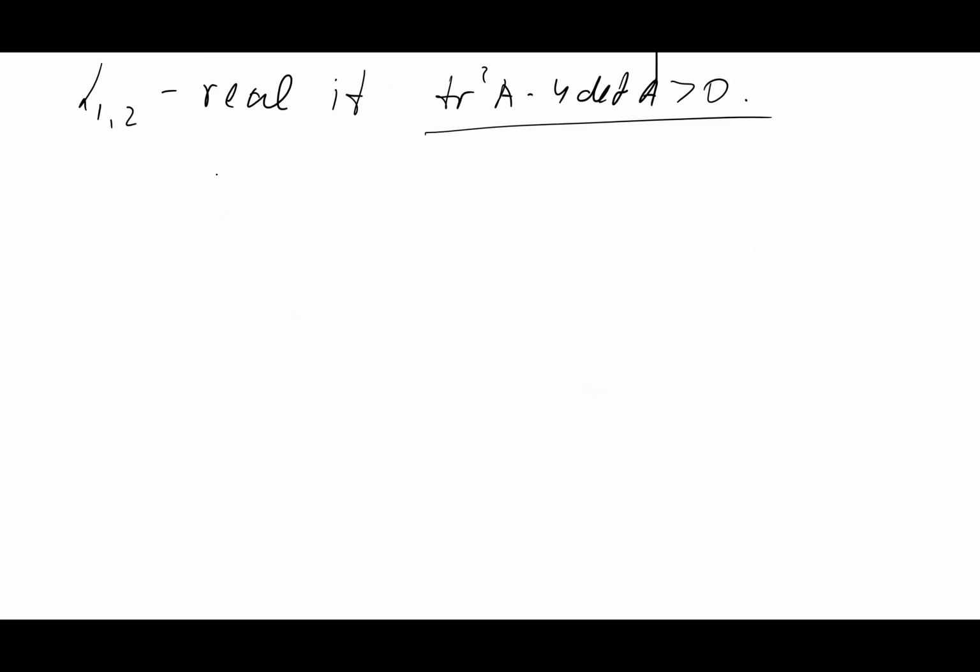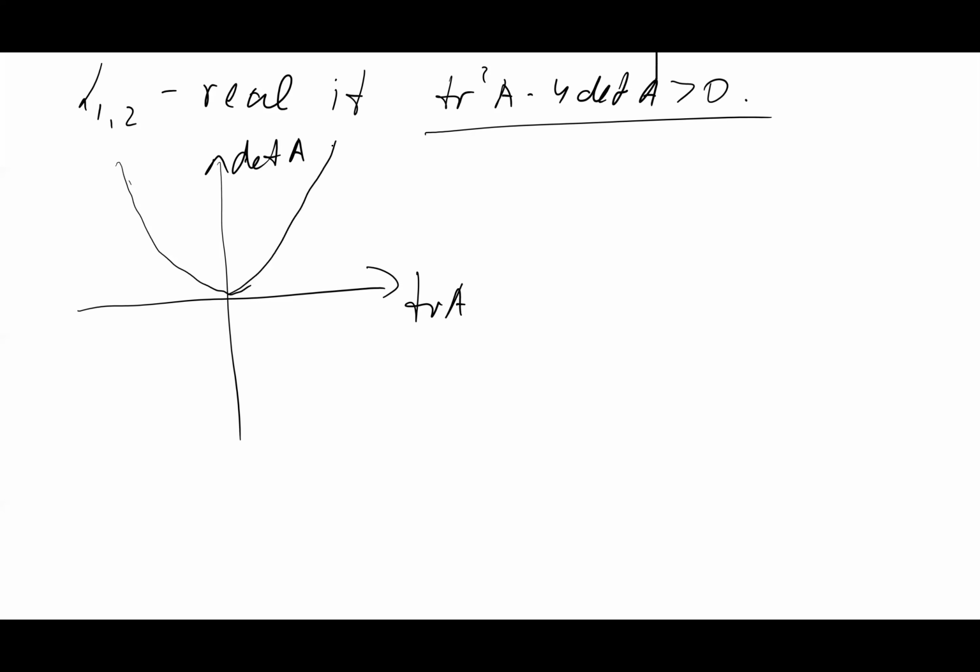And we can put it like this, let's say this is trace A, this is determinant A. So this is positive under this curve, it's a quadratic curve. So in this area we have imaginary lambdas, and real lambdas are everywhere else.